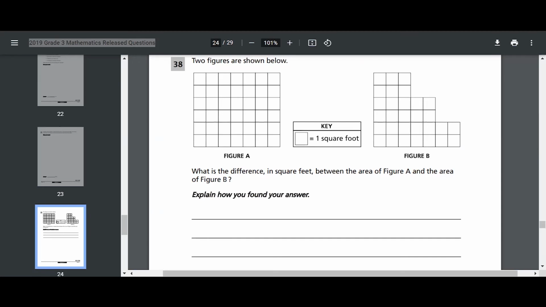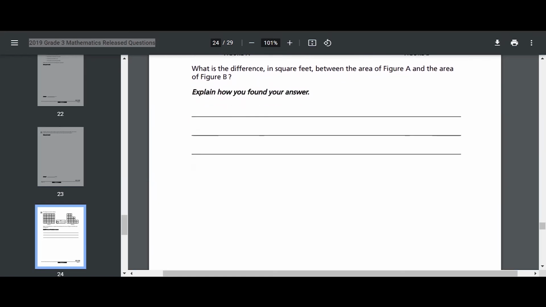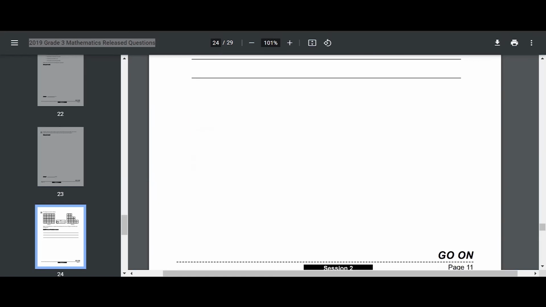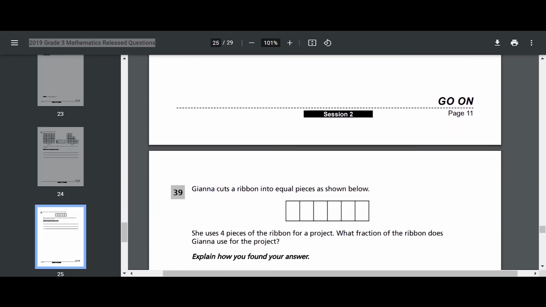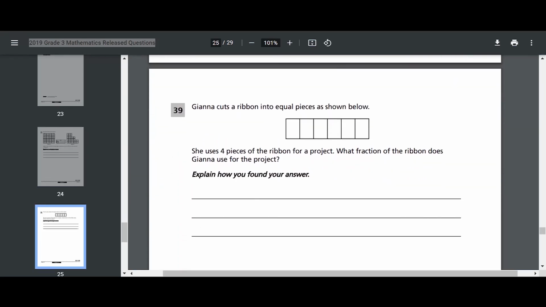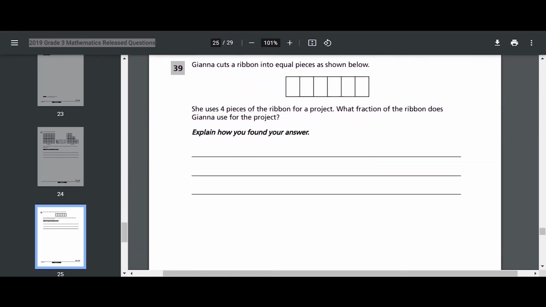Explain how you found your answer, and if these lines are not enough, make your own lines. Continuing on down the page, we're going to number 39. Gianna cuts a ribbon into equal pieces as shown below. She uses 4 pieces of the ribbon for a project. What fraction of the ribbon does Gianna use for the project?